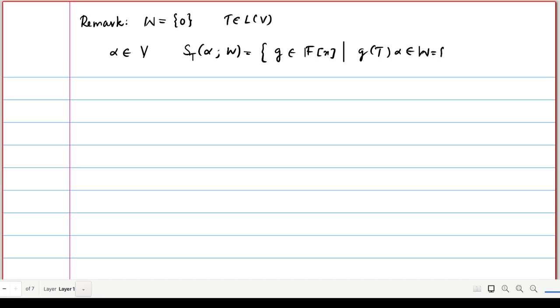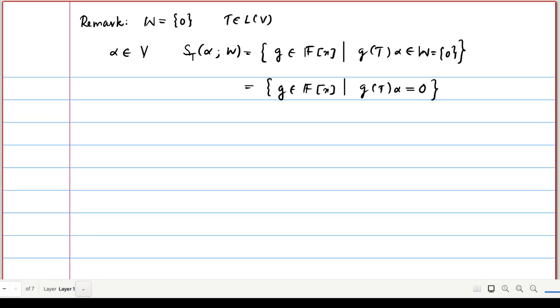But W is the set containing only 0. So this is equal to the set of all g in F[x] such that g(T)(alpha) belongs to W, meaning it is an element of this set, which contains only one element, that will be 0.